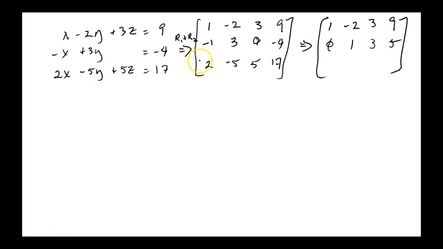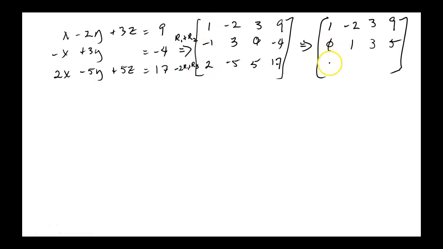So how do we get that to happen? Negative 2, row 1 plus row 3. The opposite of this one plus the top. Okay?